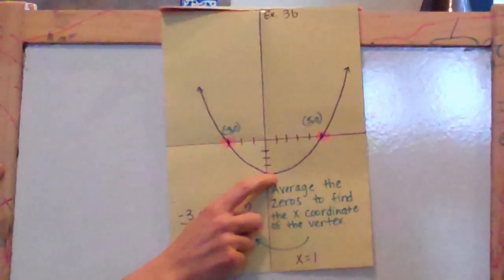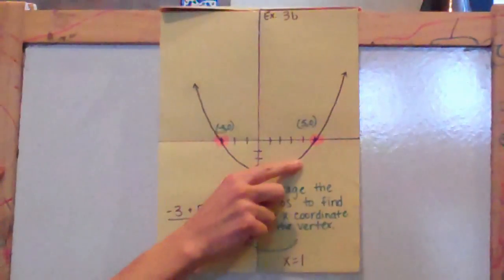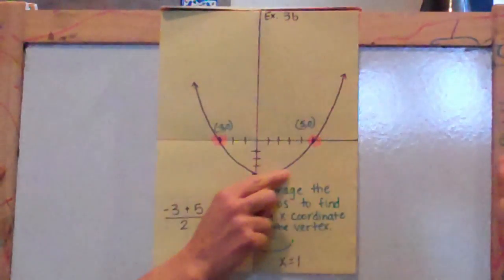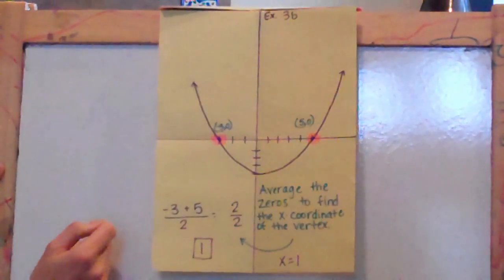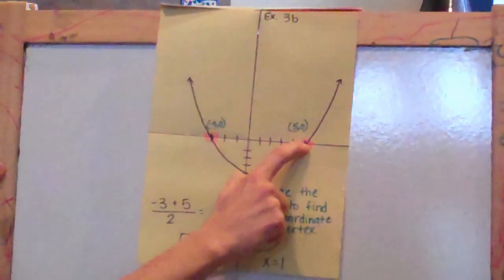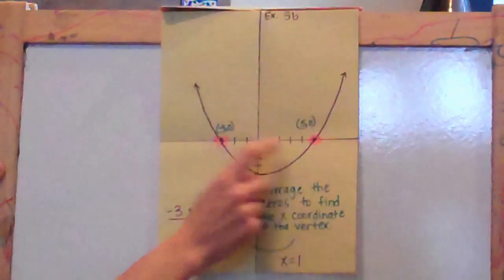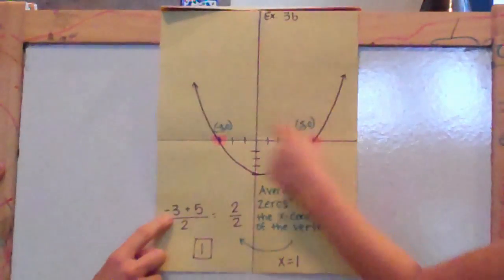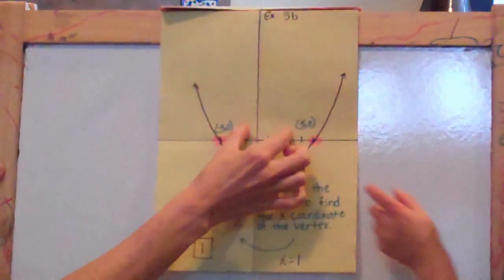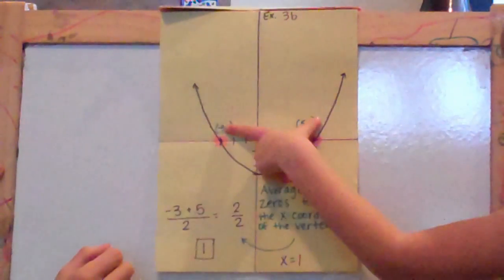This time my vertex is somewhere down here, so I can't use that as my point. So this time I need to take my x values when y is 0, which is -3 and 5, and I just have to average them to find out what's exactly in the middle.